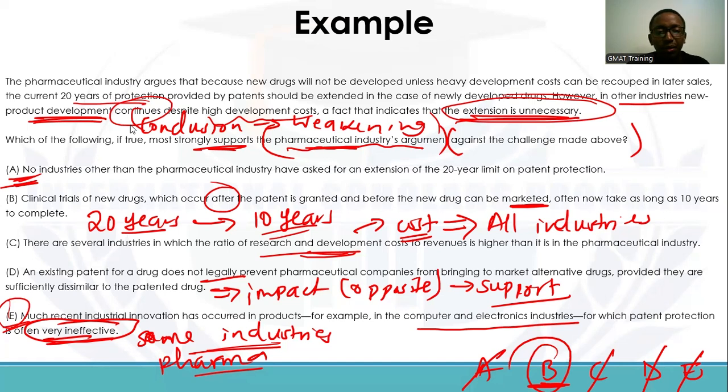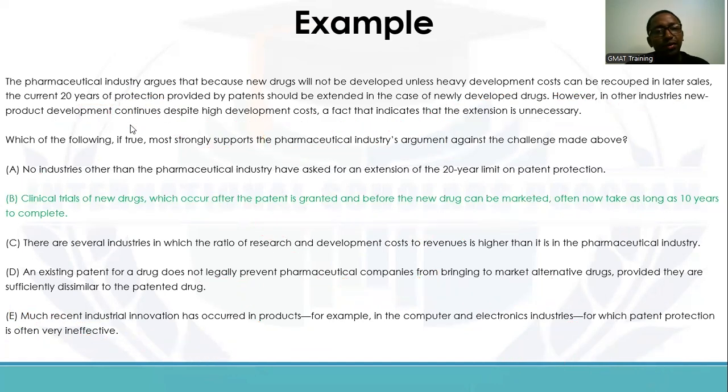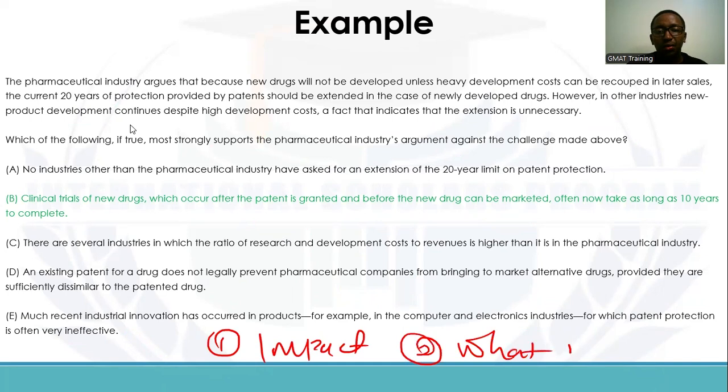So we can see from this that you are able to identify the impact and tell what kind of impact you have. You can easily tick off C and E. Then you have A, B, and D to contend with when choosing the answer.